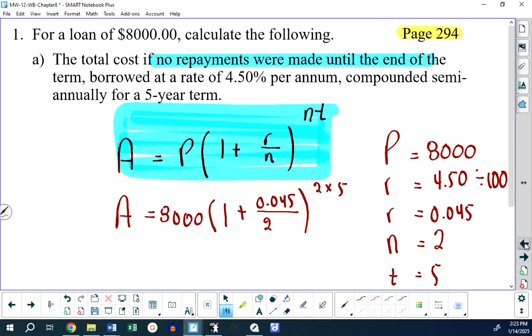And we did this problem yesterday. I did it on the board, you finished it, but one more kick at the cat, as they say. I want everybody right now to use your calculator and put that in. Whether you put it in all at once or calculate it in pieces and do it in stages, I don't care. What matters to me is you get the right answer. That's what we're here for.